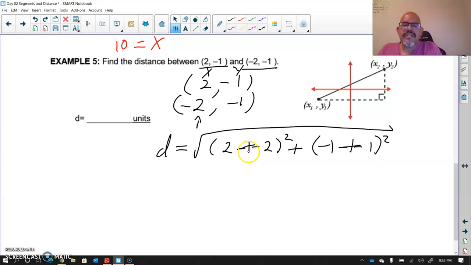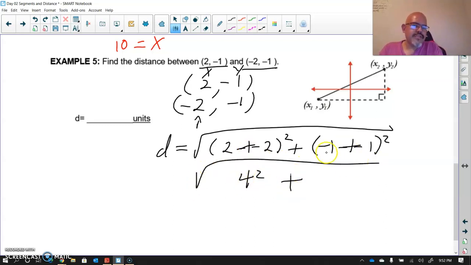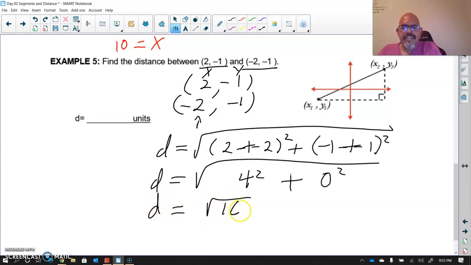This one also becomes positive. So this is 4 squared. Plus, well, that's going to be negative 1 plus 1. That's 0 squared. That leaves me with D equal to the square root of 16, because this is 0, of course. And D is equal to 4. So the distance between these two is 4 units.